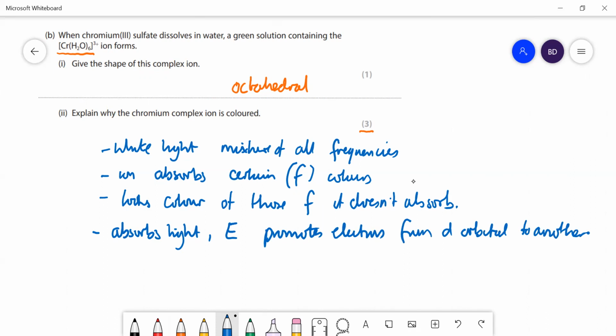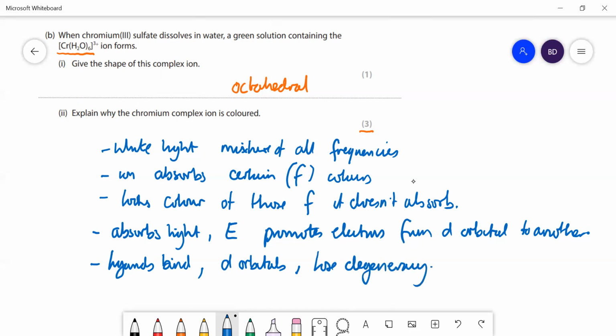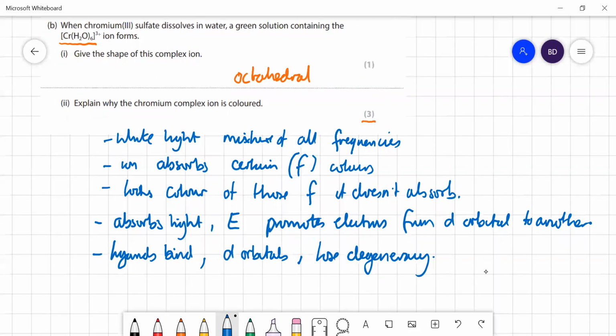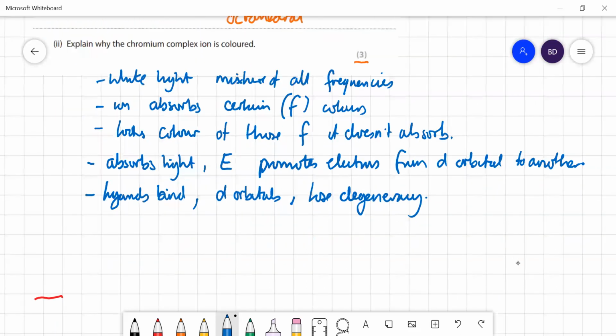Well, they have, but when the ligands bind, you find that the d orbitals have different energies. We say that they lose degeneracy. That means 2 of them become higher in energy and 3 become lower in energy. So you can promote electrons from one d orbital to another. That's more than enough for the 3 marks there.